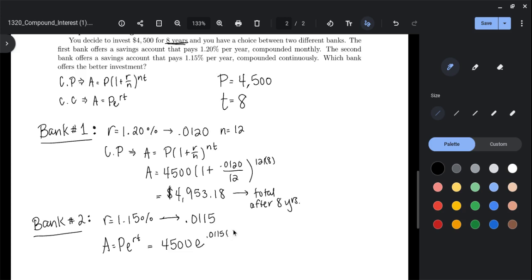And we're multiplying that by the number of years invested, which is 8. If I plug this into my calculator, what I get is approximately $4,933.64. And so this is Bank 2's total after 8 years.